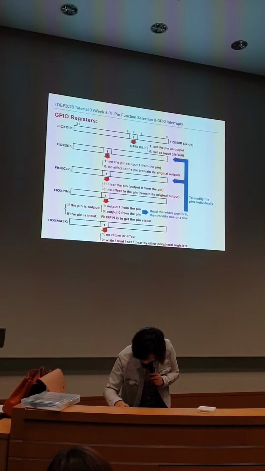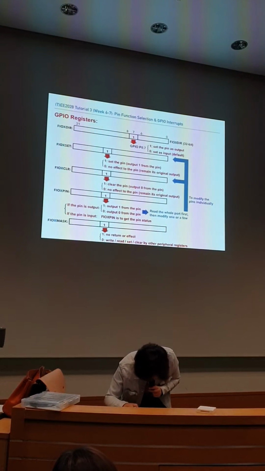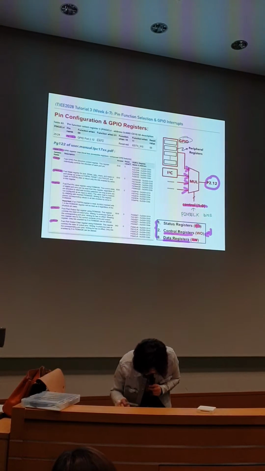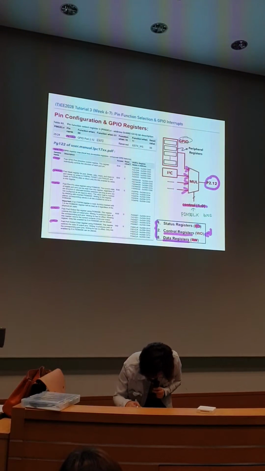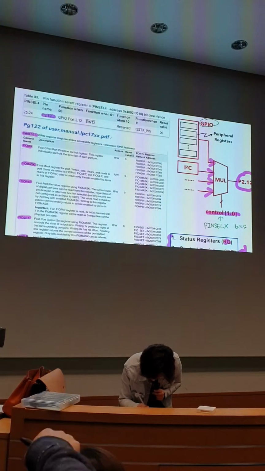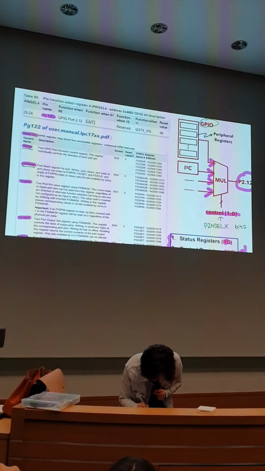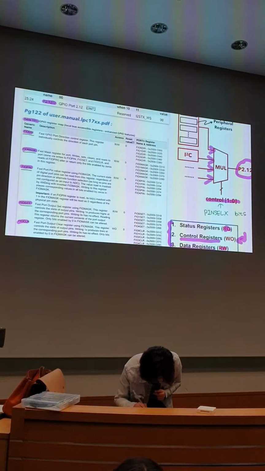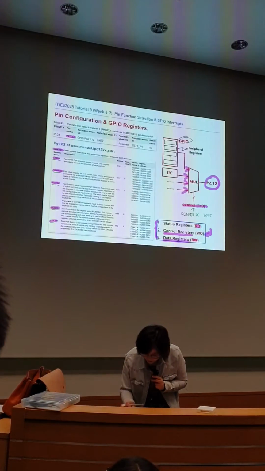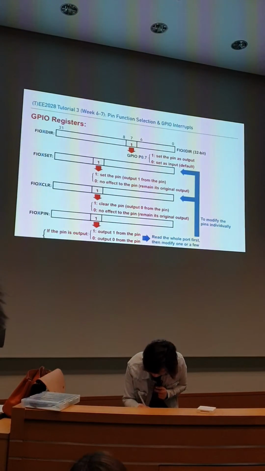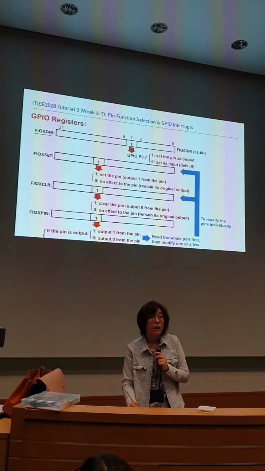Okay, so I explained the registers here. So remember here you have FIODIR, FIOMASK, FIOPIN, FIOSET, FIOCLR. I'm going to explain how this works. For example, FIODIR.